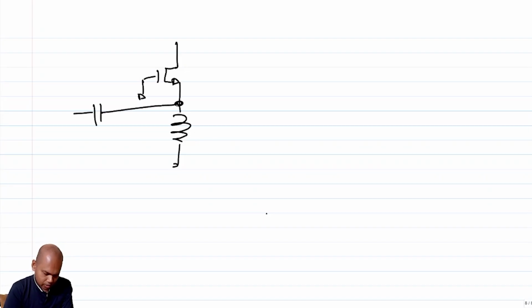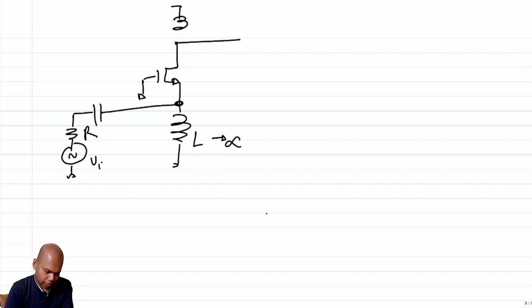For example, I'll not do the analysis here. You can do it at your end, and we can maybe give it in one of the assignments. It's a good practice problem to solve. So let's say I have a common gate configuration, right? And the input is matched, and this is L. Assume this L tends to infinity for our purposes.